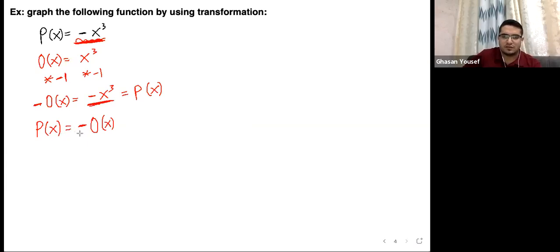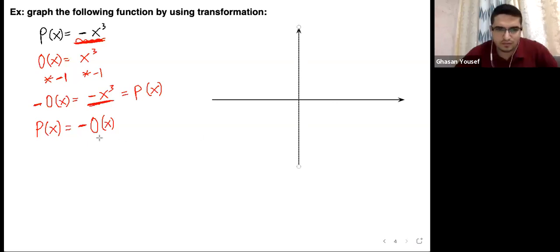Okay, so this means to graph the function b of x, I should graph the original function O of x. My original function is x cubed. Then we have to multiply by minus. What does this minus mean? When I multiply the minus outside of the original function, can someone remind me what that means?